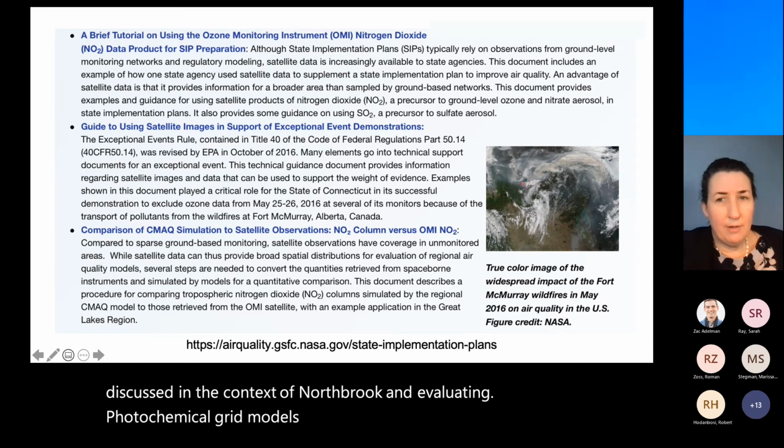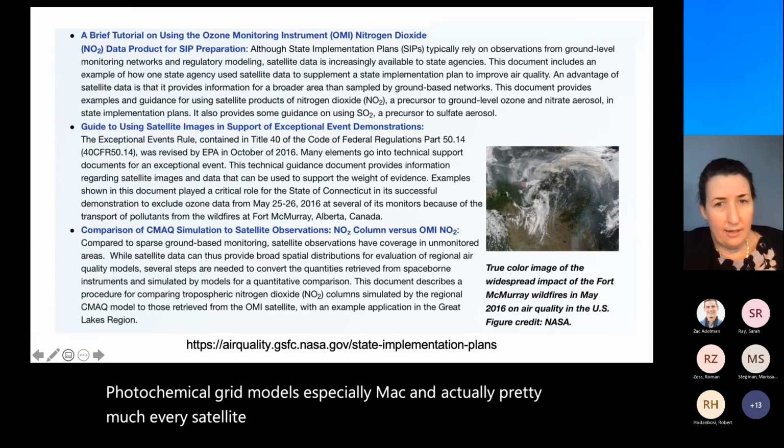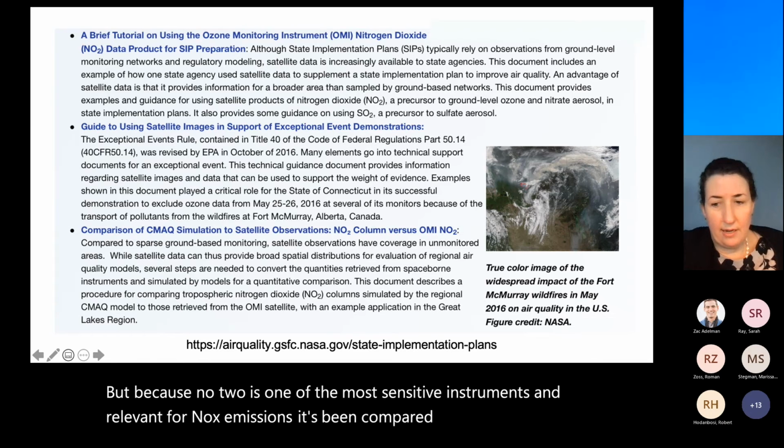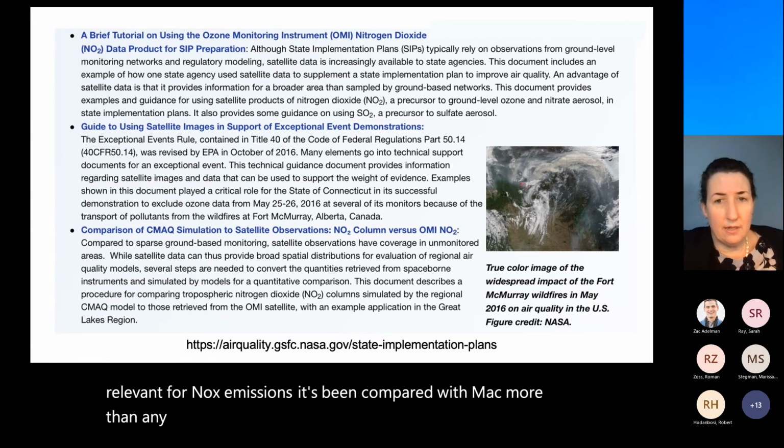Actually, pretty much every satellite data product can be used to evaluate CMAQ, but because NO2 is one of the most sensitive instruments and relevant for NOx emissions, it's been compared with CMAQ more than any other data product.